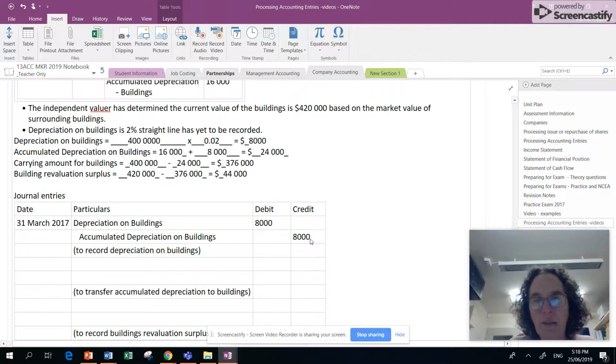Remember, the depreciation on buildings will go into our income statement. The accumulated depreciation on buildings will go into what we've got at the moment and help with our revaluation.